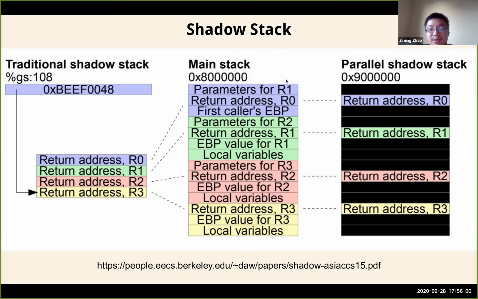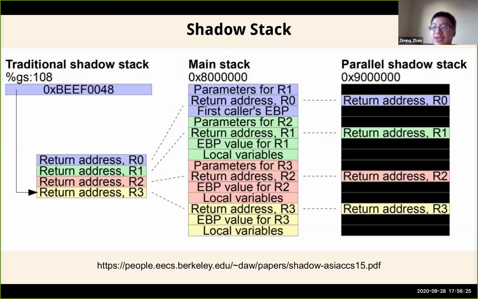This is what we have been looking at for the last several weeks, right? Because of a software vulnerability in any of those programs, the attacker will be able to overwrite everything above this. So there's a risk that some of those return addresses could be overwritten.